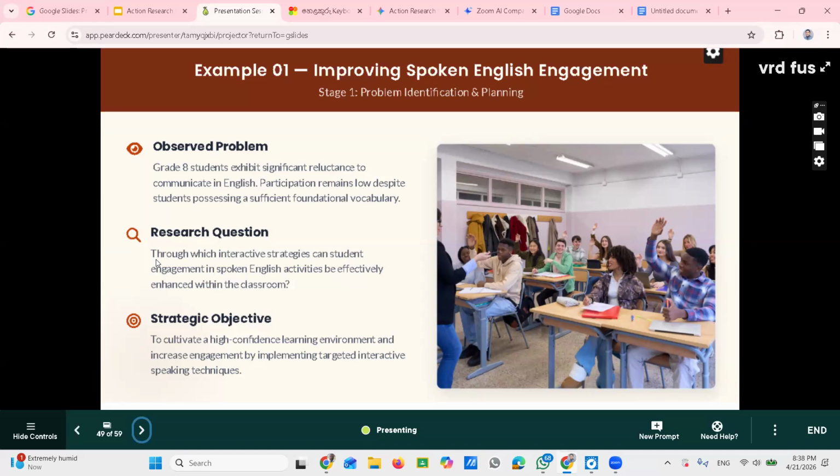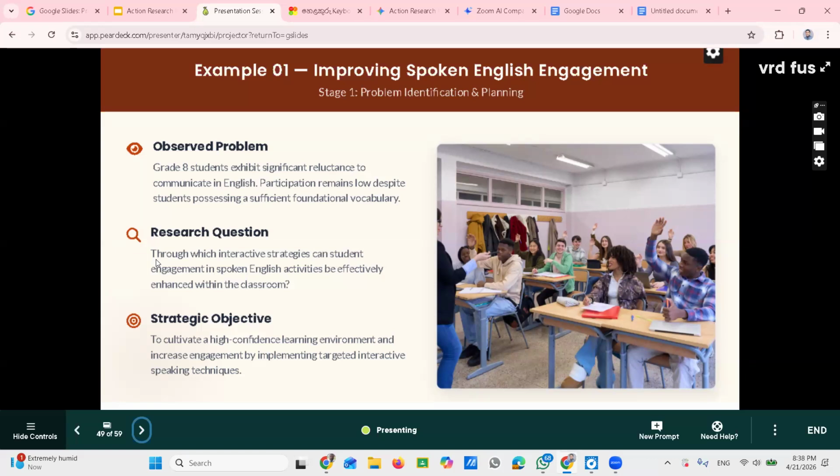There are some student groups who are reluctant to speak and communicate with each other. Even though they have sufficient foundational vocabulary, they are reluctant to speak with each other. That's the observed problem.